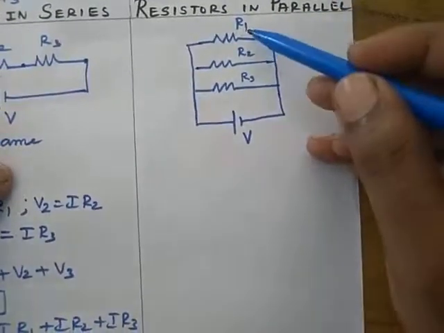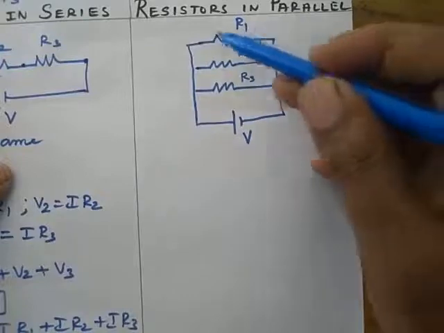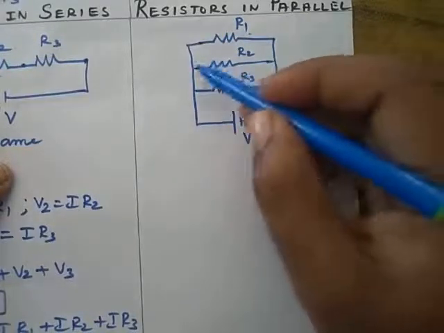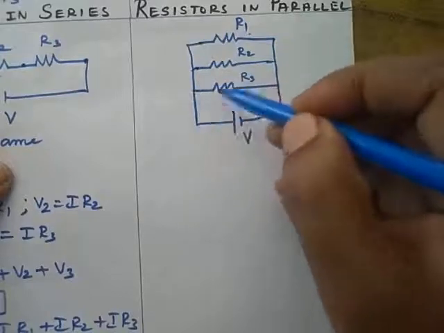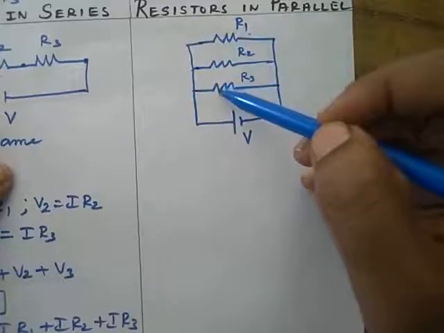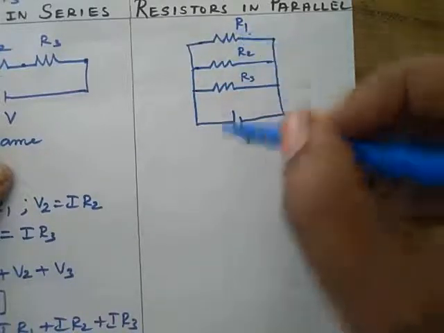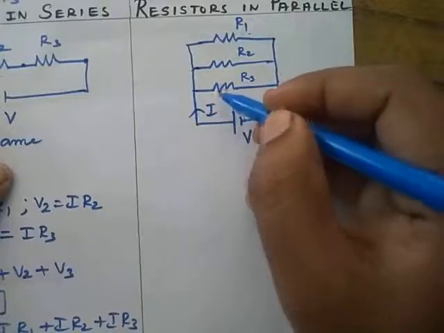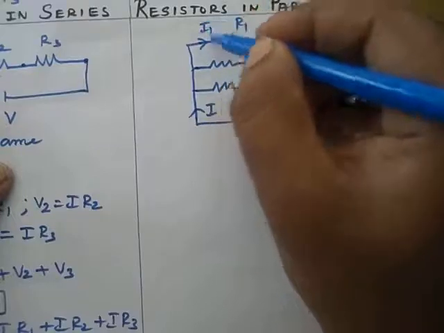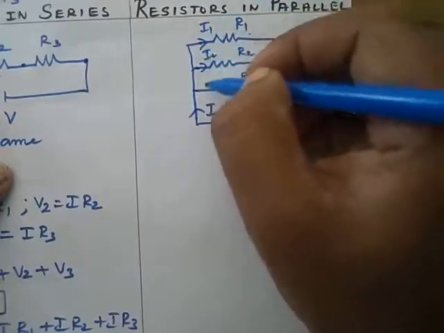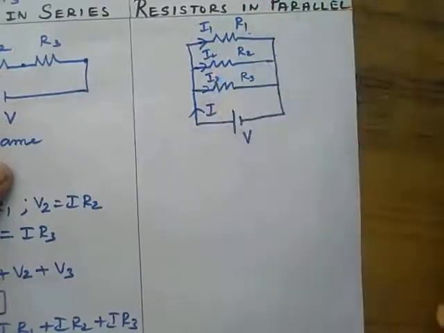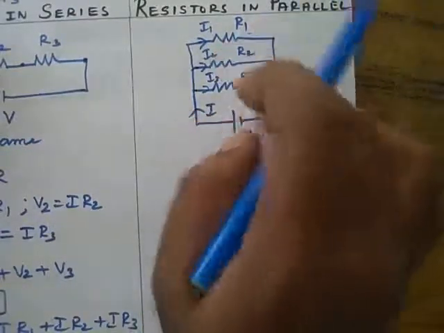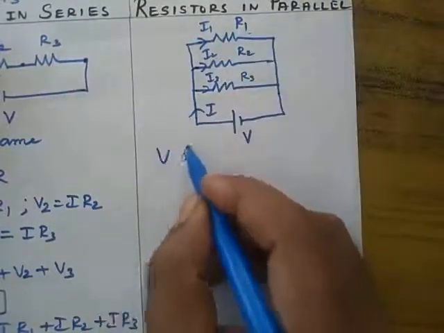Then we come to the next one, parallel connection. Here R1, R2, R3 are connected across the same potential difference. So the current flowing across each resistor will vary. Here the current flowing in the circuit is I. This I is split as I1, I2, I3. In this case, the potential difference across each resistor is constant, that is, V is constant.